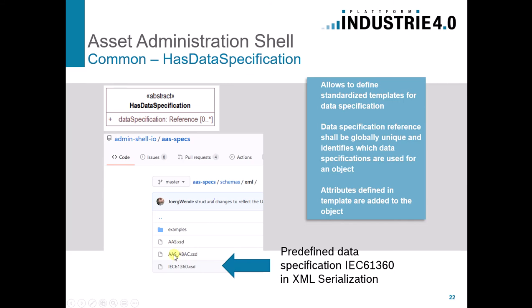So ABAC means attribute-based access control. And then we have a data specification here. It's a data specification IEC 61360 for expressing concept descriptions according to the specification IEC 61360. And data specifications are meant to add attributes in a standardized way to existing classes.